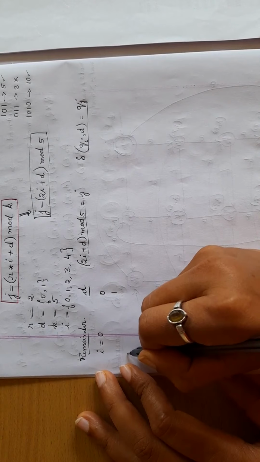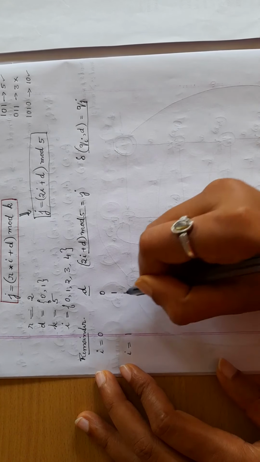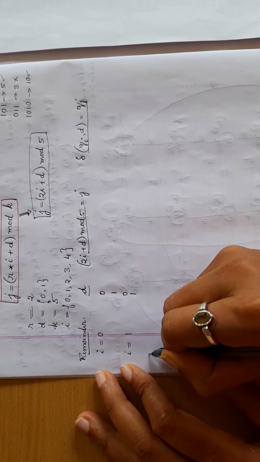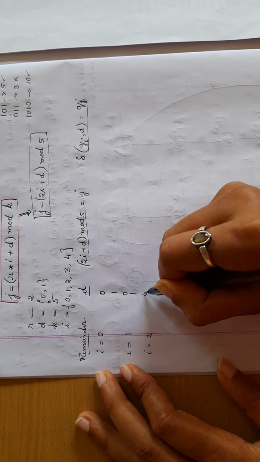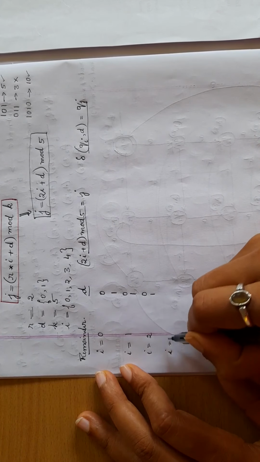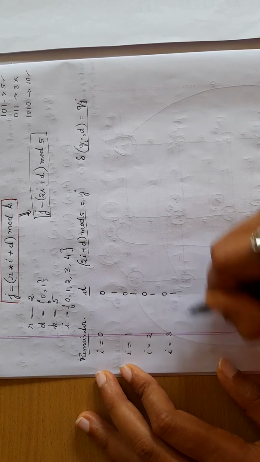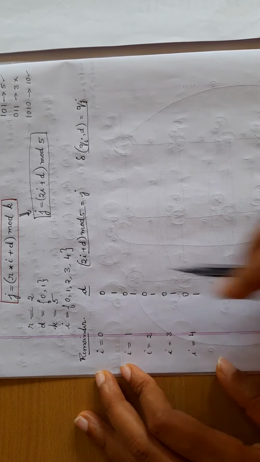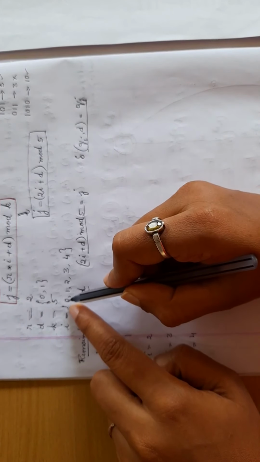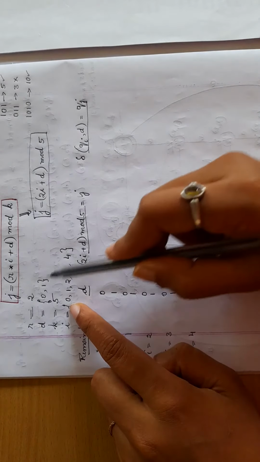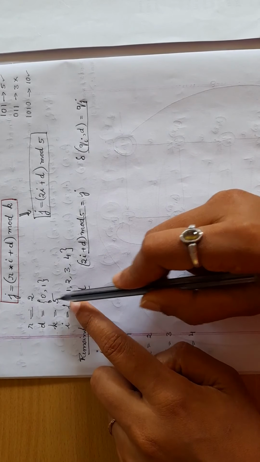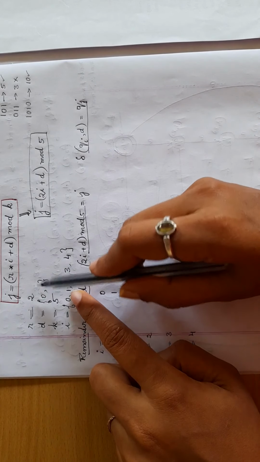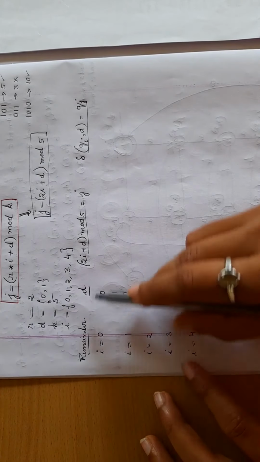Similarly, when I is equal to 1, 2, 3 and 4, D is 0 or 1. So for every value of I, there are 2 possibilities of D. Once we're done with this, simply substitute and check what the state is.